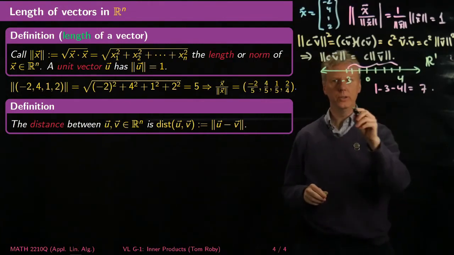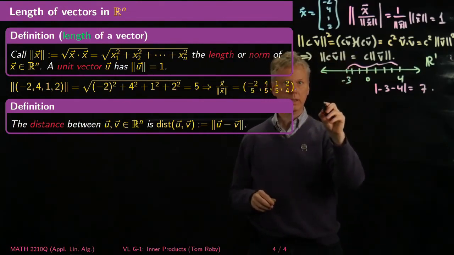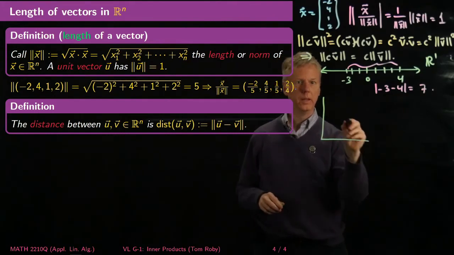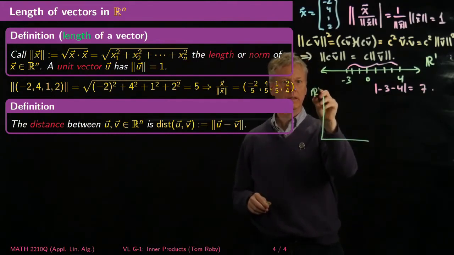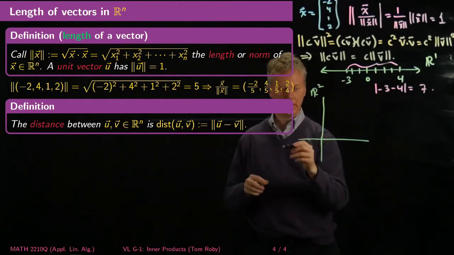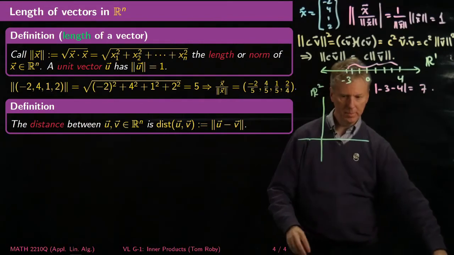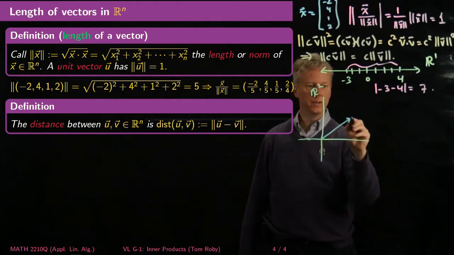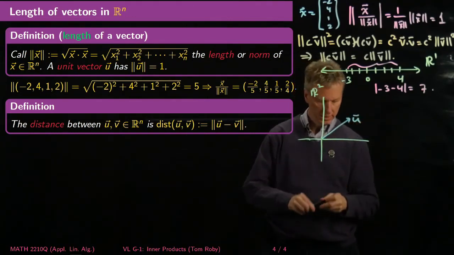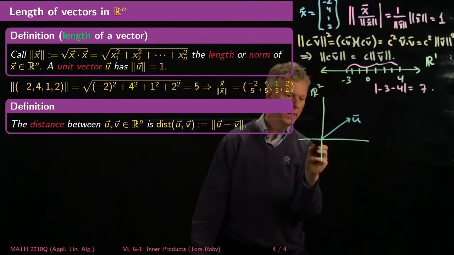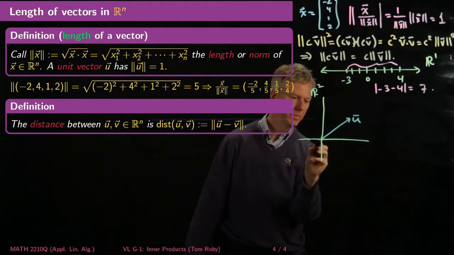So now in R2, maybe I need to go a little further out. Suppose I've got a vector. I'll call this vector u, and I've got another vector, which I'll call v, going out this way.